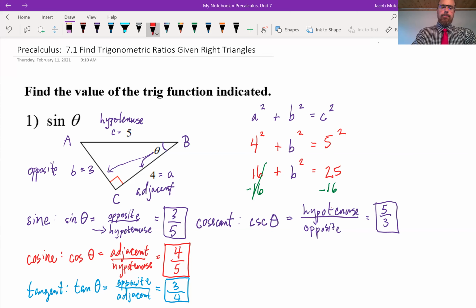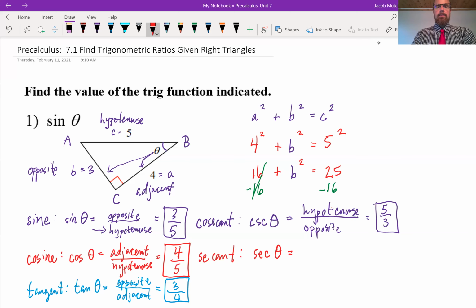The other 2 related trigonometric ratios follow that same pattern. For cosine, its reciprocal is going to be secant. We spell secant, S-E-C-A-N-T. We abbreviate it SEC, like second of theta, but it's secant.